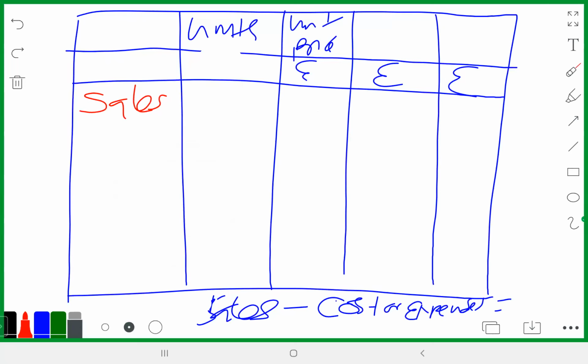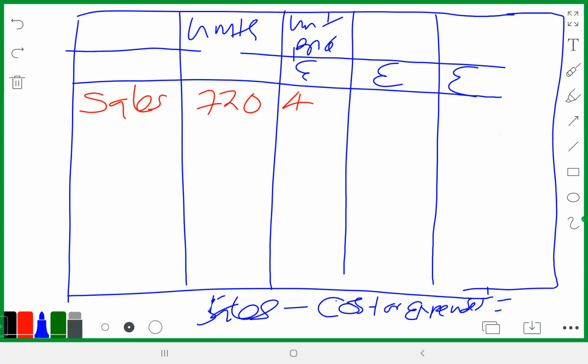So the units are 720 and the unit price is 4 pounds, which means the total value of sales is 720 times 4, which is 2,880 pounds.